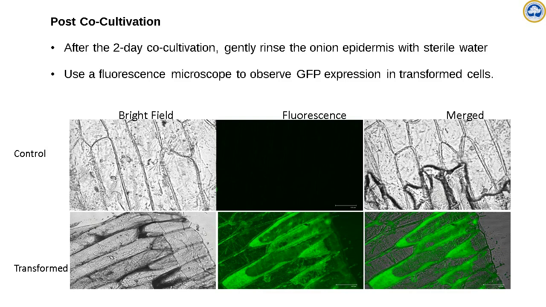In the control, you can see no fluorescence, and the merged image is also clear, whereas in the infected epidermal cells you can see clearly that there is a good amount of GFP expression. This can be used for gene expression studies, promoter analysis, and transient assays of important proteins.